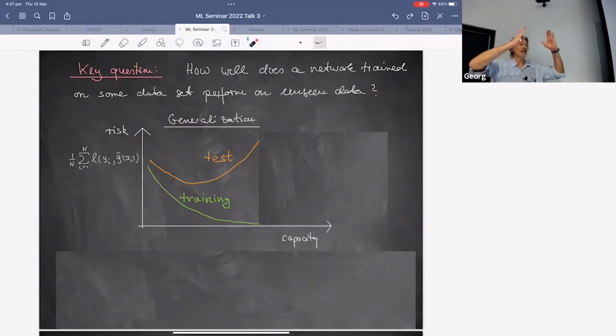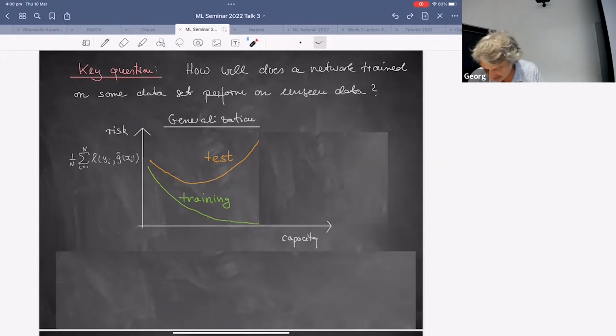the more parameters I have, the better I can fit the data, and so I can drive down the training error. But at some stage, I might overfit. I might just fit exactly the data points, and that will not generalize very well to new data. Then you see the test error going up again, because you chose your model quite badly.